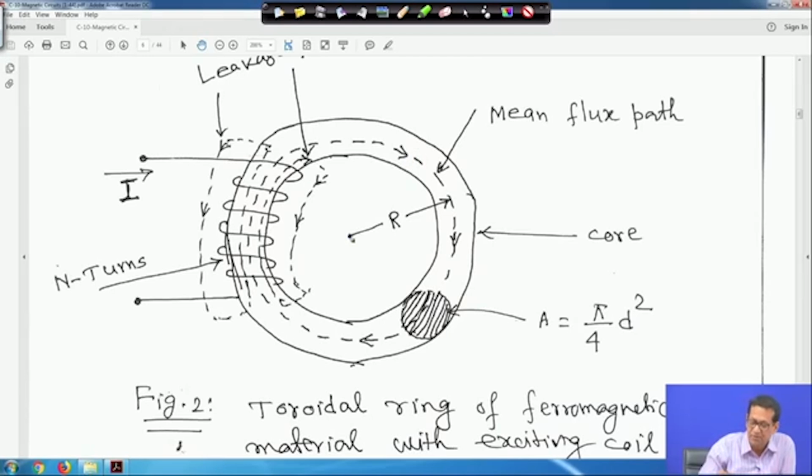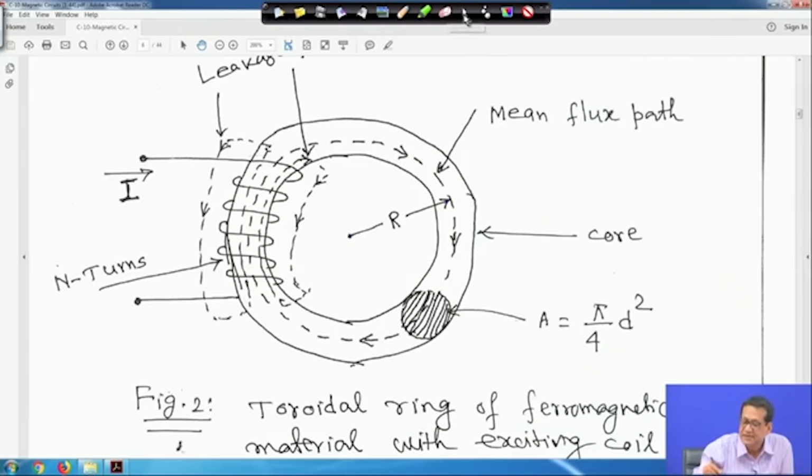From here to here the mean radius is capital R, and this is the circular core. If its diameter is d, the area will be pi by 4 d square, in meter square if d is in meter. This is the cross sectional area, which is circular, and this is the mean flux path.